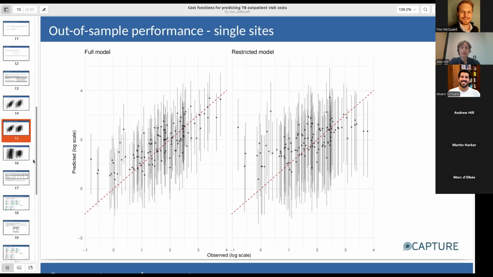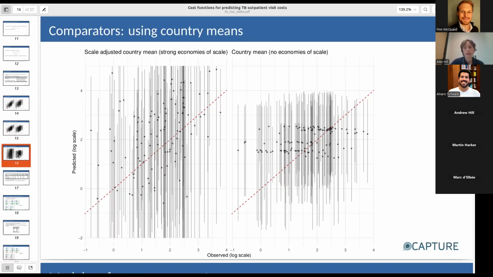And I used the same out-of-sample approach for those. So I calculated the sample means on 9 of the 10 folds of data, and then used them to predict site costs in the left-out sites, if that makes sense. And yeah, this is how those predictions look.